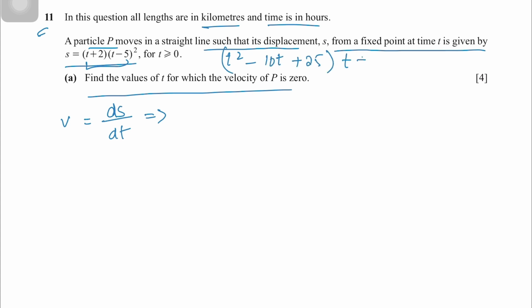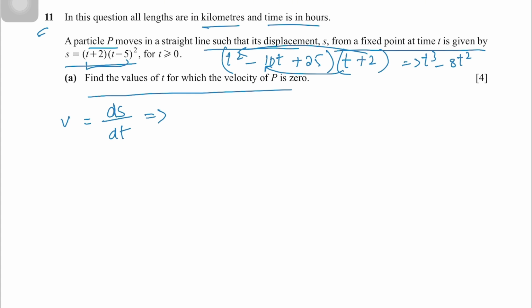This is multiplied by t plus 2. So we get our answer as finally t cubed. This would be negative 10t, and then negative 10t squared, and then this would be positive 2t squared. So this would be negative 8t squared, right?